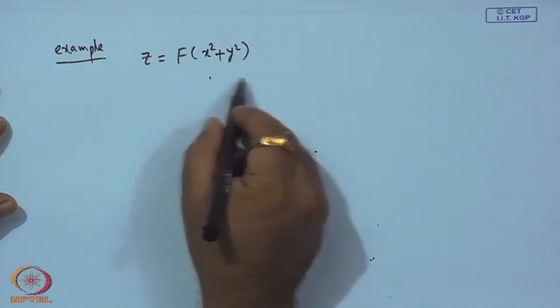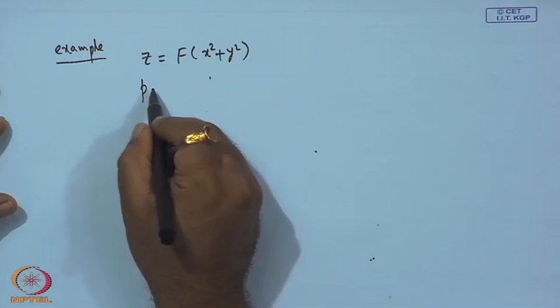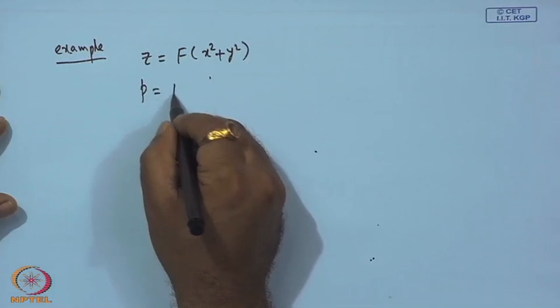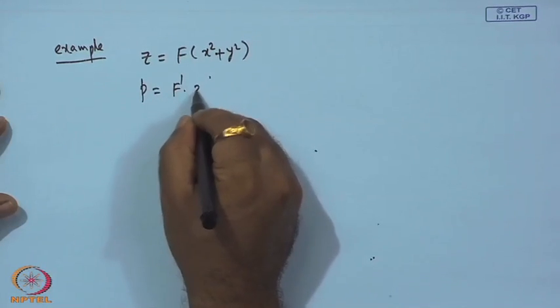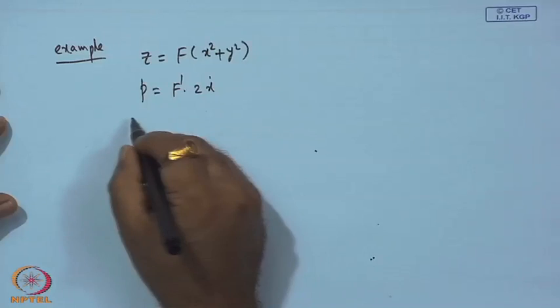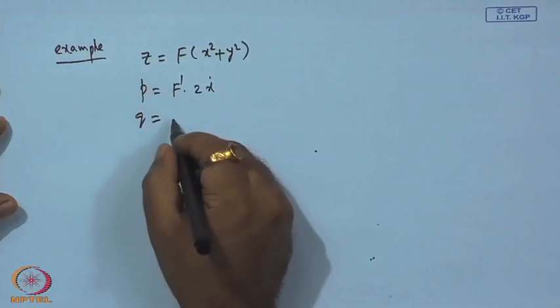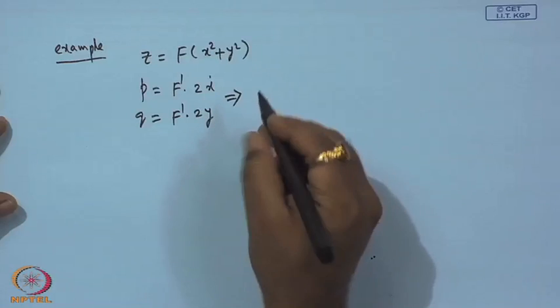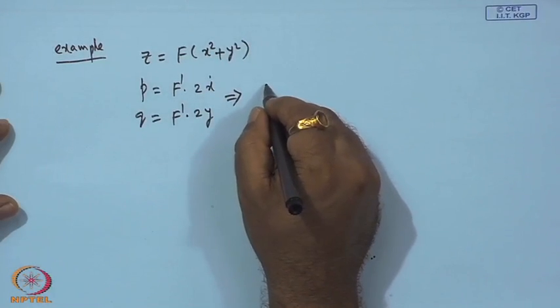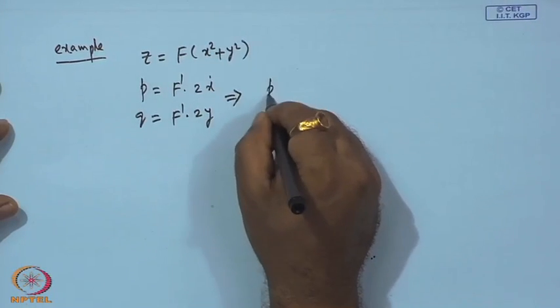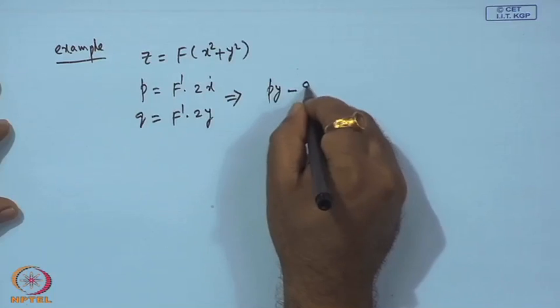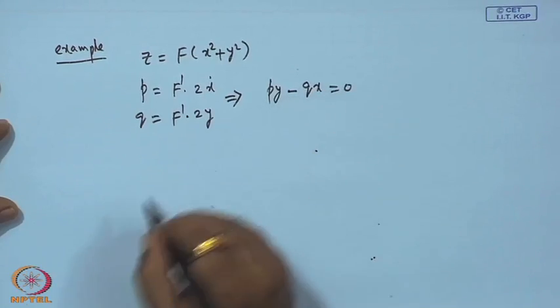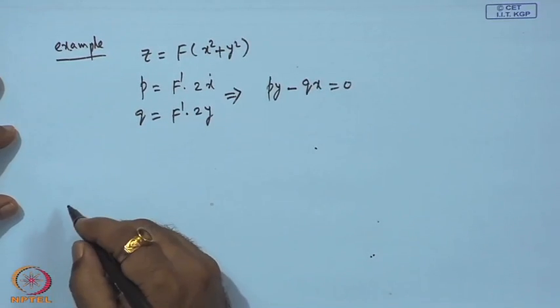So, you differentiate. So, z x is p. So, then f dash with respect to x is 2 x. So, then with respect to y, so this implies p y minus q x is 0. This is our Gaussian equation.